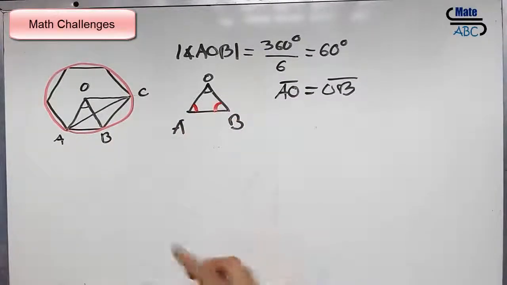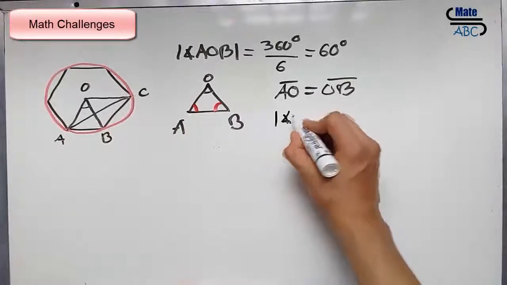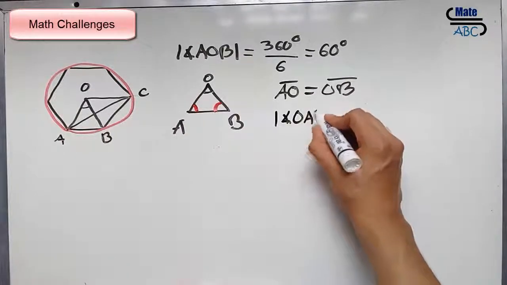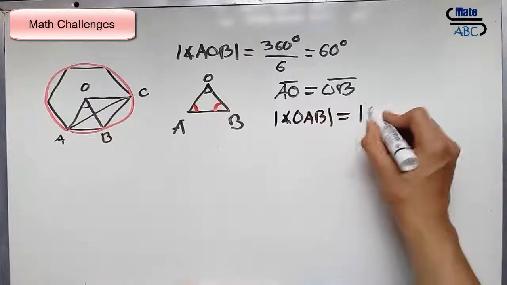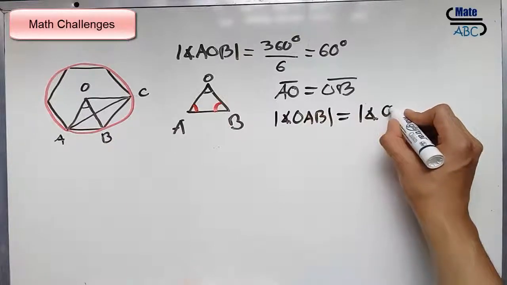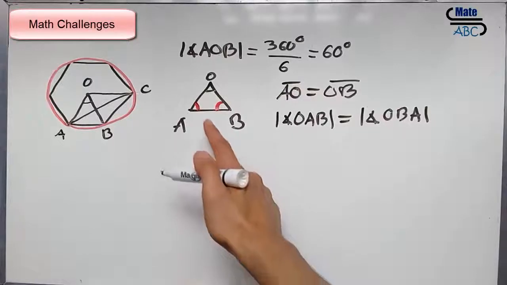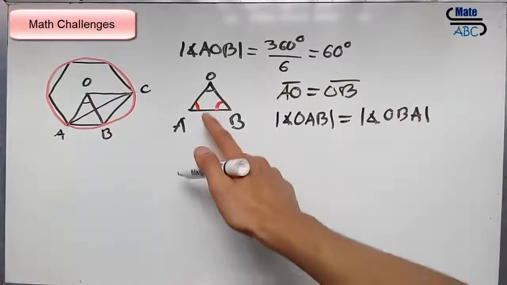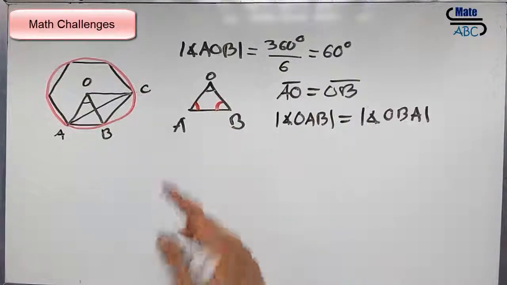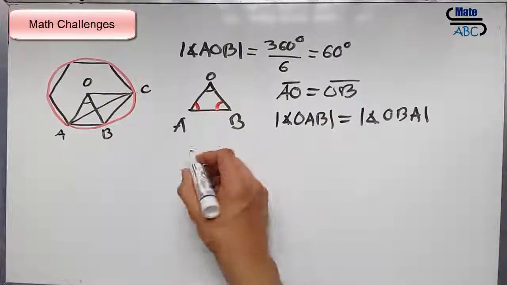So the angle OAB equals the angle OBA. We have from Euclid's that the sum of internal angles add up 180 degrees.